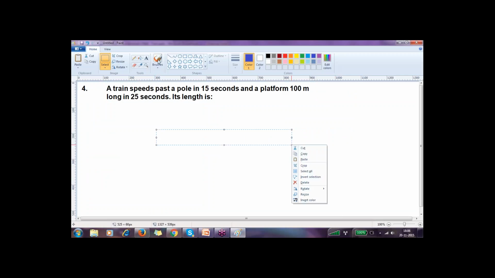So here you see a train speeds past a pole in 15 seconds and a platform 100 meters long in 25 seconds. What is its length? We have to assume that train crosses the pole and platform at the same speed. That assumption has to be taken.